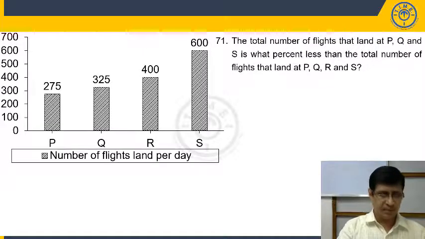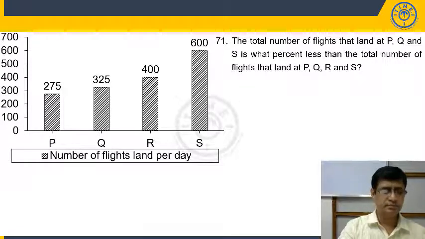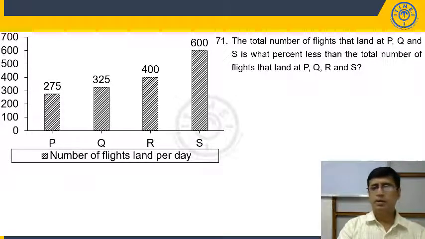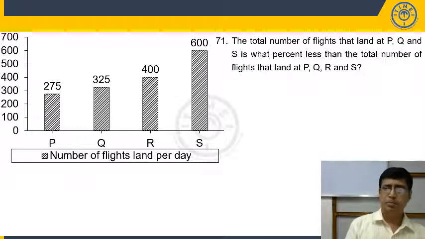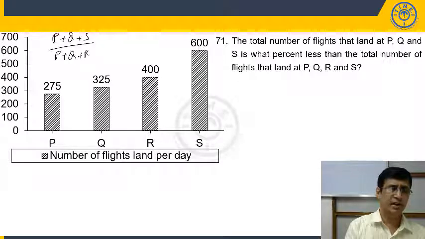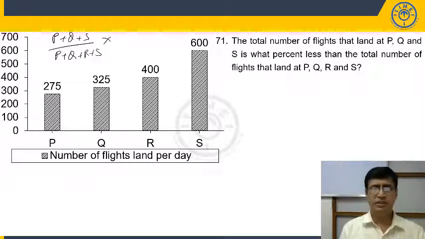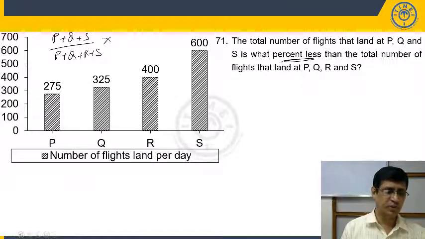Now look at the next example on your screen. The total number of flights that land at P, Q and S is what percent less than the total number of flights that land at P, Q, R, S. So P, Q and S with respect to P plus Q plus R plus S. We need to find the percentage less.